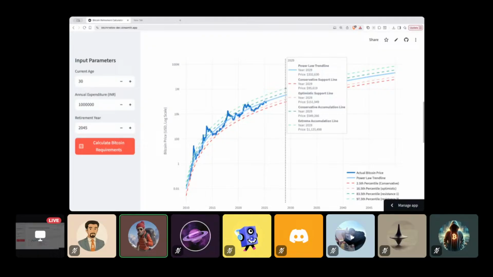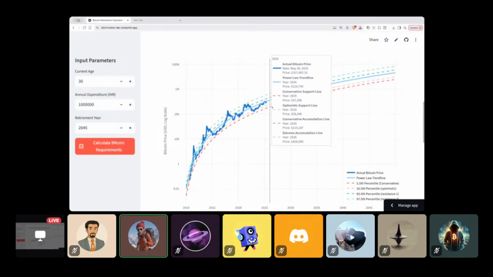And for our calculator, what we have done is that we have used this bottommost line, the 2.5th percentile line, as an assumption for the future price. We assume that it will be along this 2.5th percentile line.